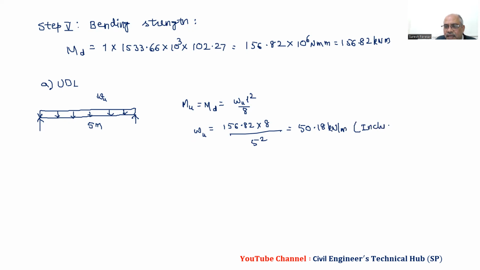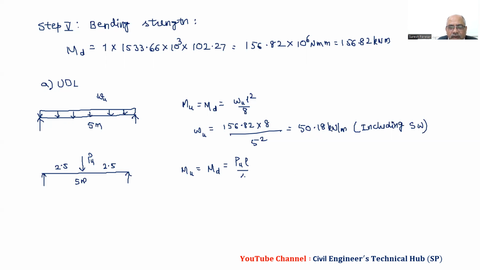If we have to subtract self weight, then you have to take kg per meter into 9.81 upon 1000, which gives self weight in kilonewton per meter, and then you subtract it. Then we have another value, which is PU, with the 5 meter span and the load at the center, 2.5 and 2.5. Then MU is equal to MD is equal to PUL by 4.